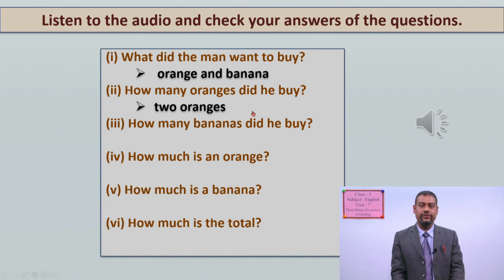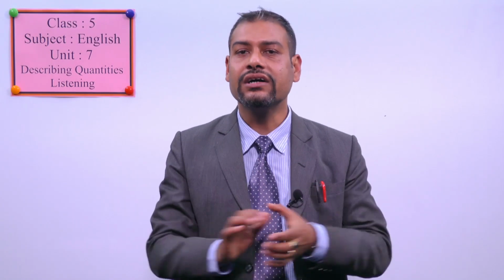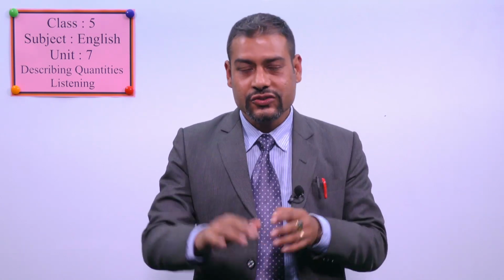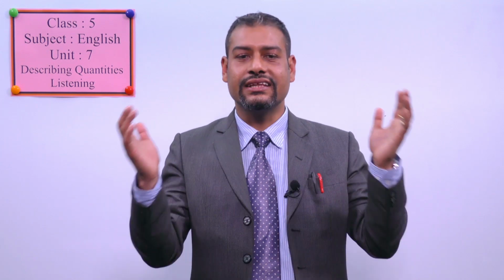Not necessary to write down in our listening activity. You have to write down only the main ideas, only key words of our answer. Alright? So if you have written 1 or 3 or some oranges, then you have to correct writing 2 oranges. So have you done?